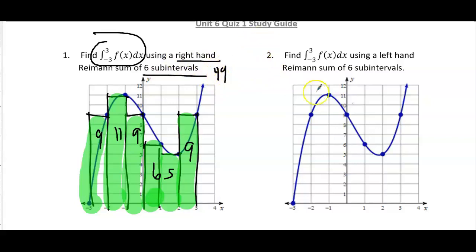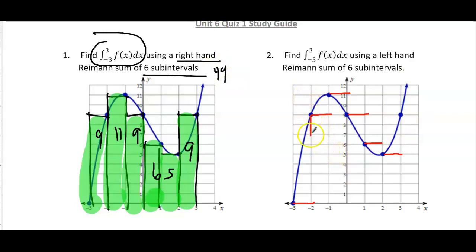I'm going to repeat this same process, just now we're going to do left-handed intervals. So starting from the left side, we're going to draw some horizontal lines from each dot. I'm not going to draw one here because that's going to go past our curve, so we don't include the last one there.